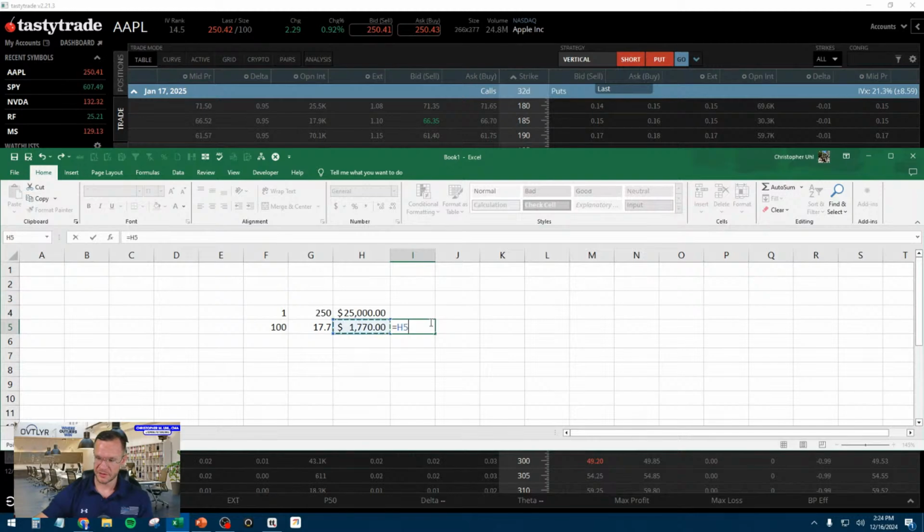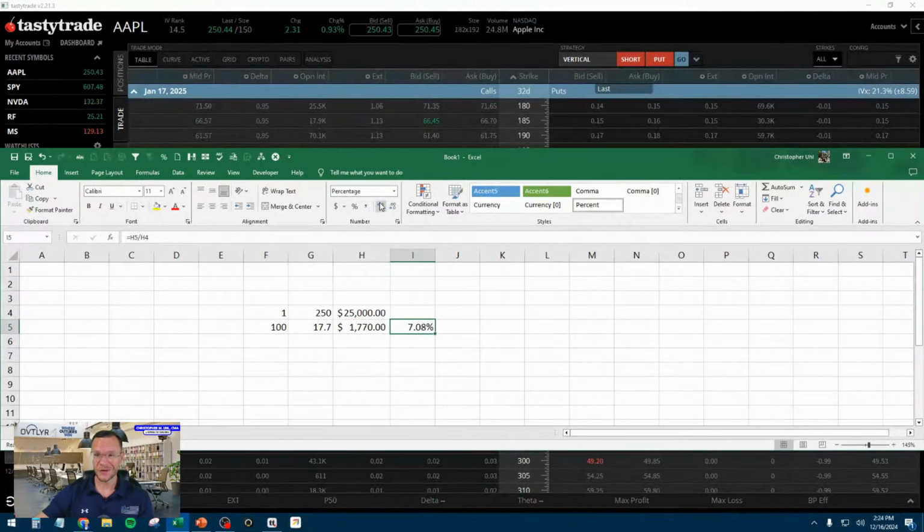So this divided by this means actually I would get a 93% discount by buying one option contract versus 100 shares of Apple at $250, or I could have 100 shares equivalent with one option contract at $1,700, right? That's a really cool advantage that options have that you can't get in a regular stock, right?